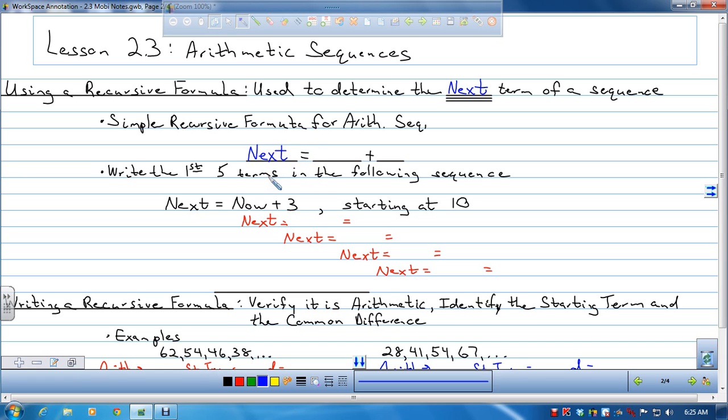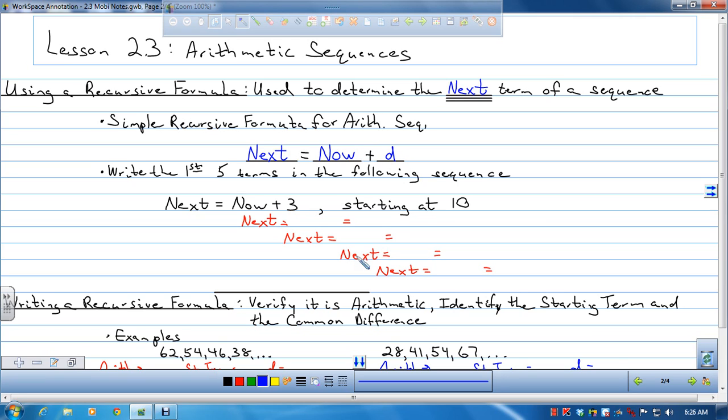We're going to be very basic in our explanation of this equation. Instead of using a variable here, we're just going to say we're going to find the next value. And in order to find the next value, I need the value that we have right now, and then I am going to add that common difference.